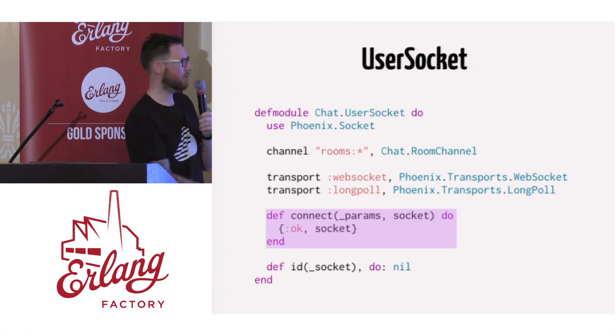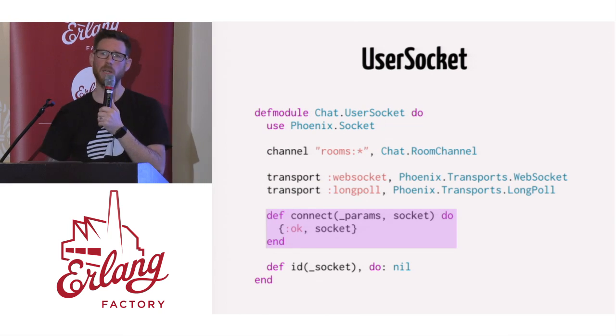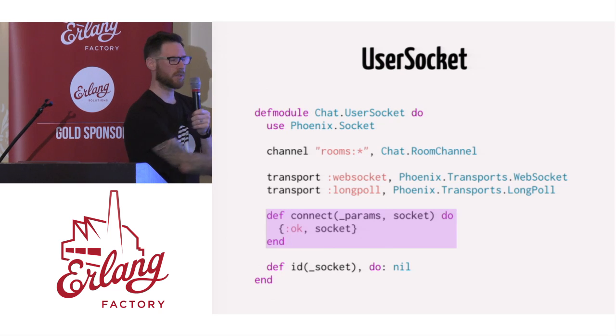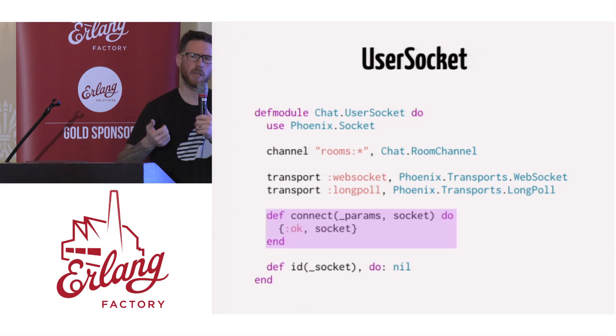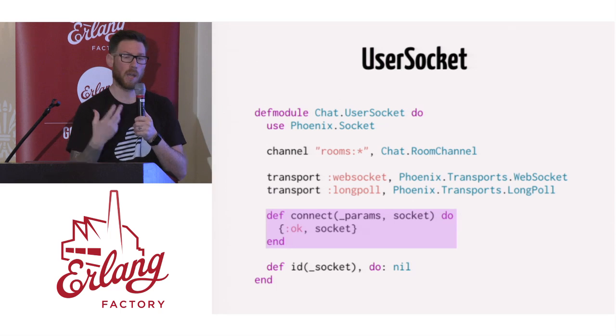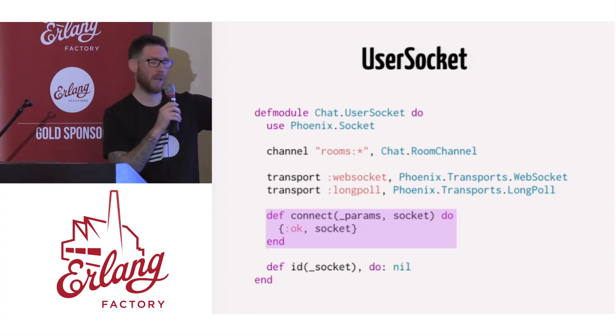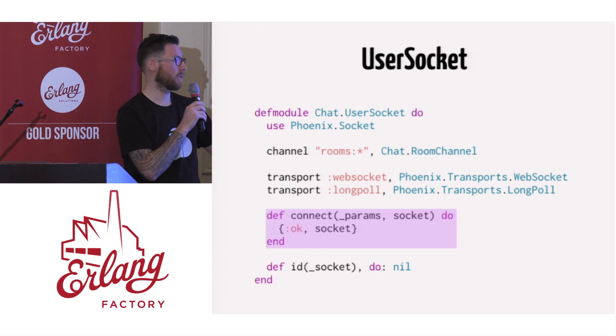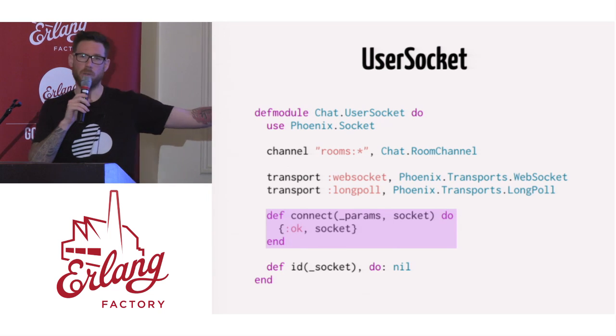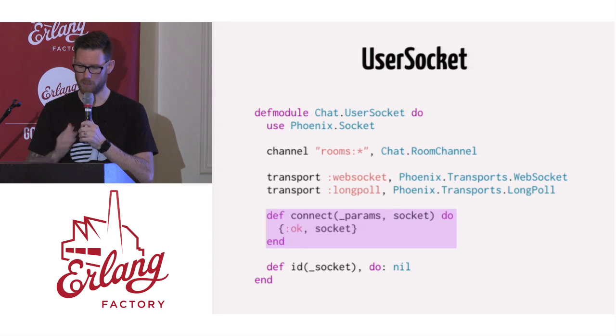And the connect function is when you first connect with the client, it's going to come in here. And this is an area where you can do authentication and things like that and make sure that the user is actually able to connect. If you return OK socket, then you have authenticated and you're good to go. Otherwise, you can return error here and it will decline the user.